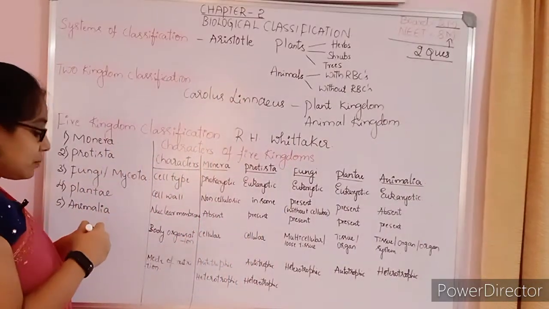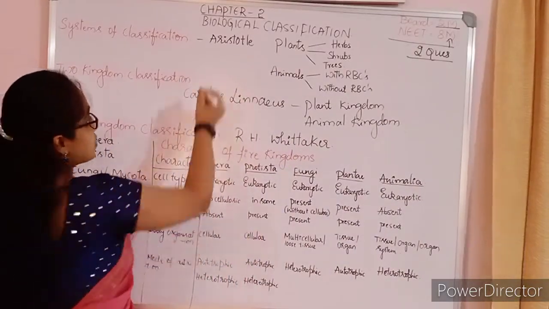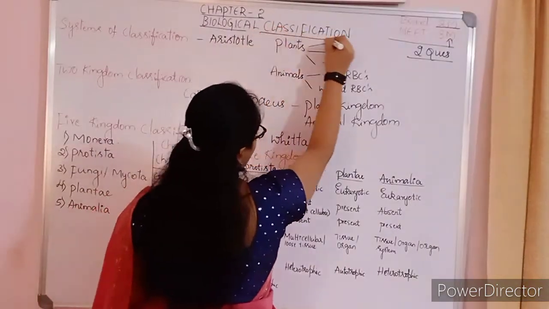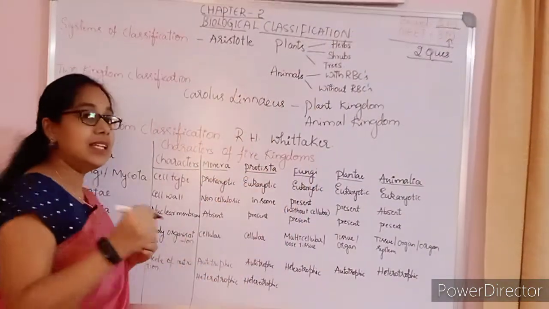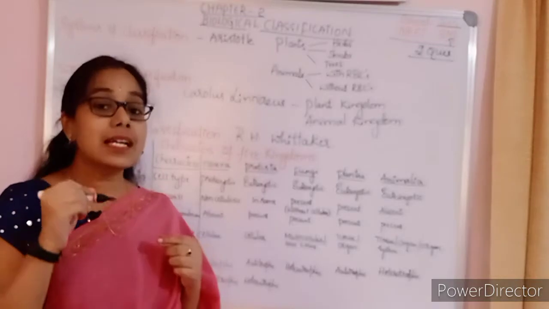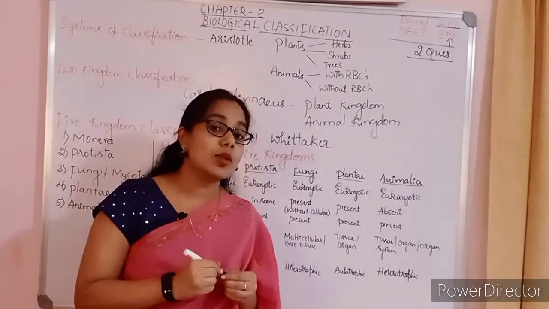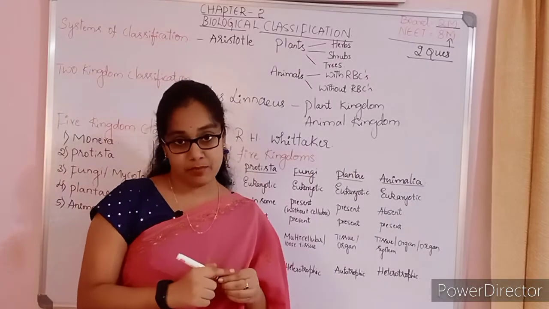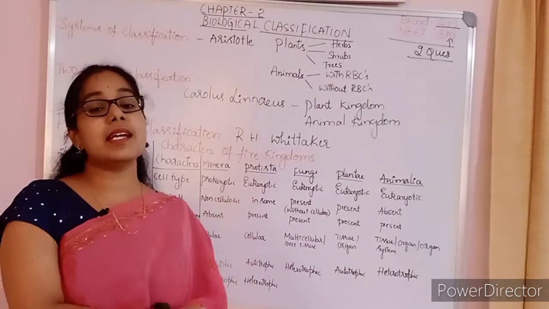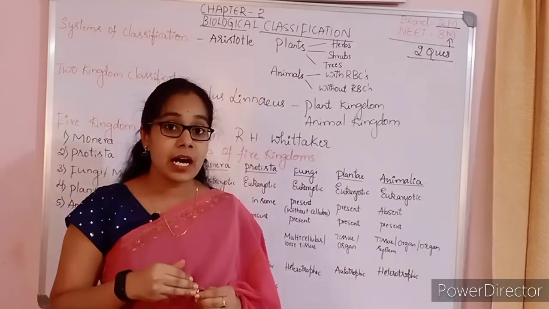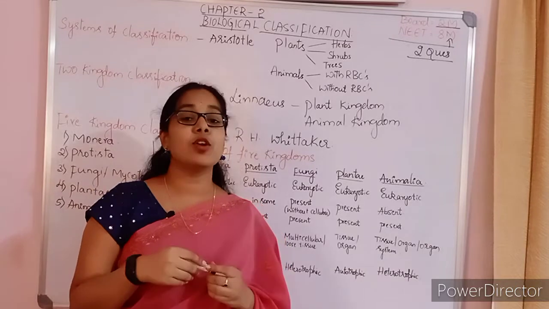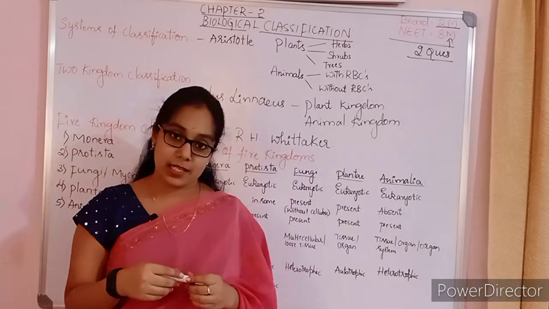Okay. So in the biological classification chapter you are going to study how the living organisms are classified based upon the different characteristics. Many scientists have come up with different ideas, different approaches in order to classify the living organisms.